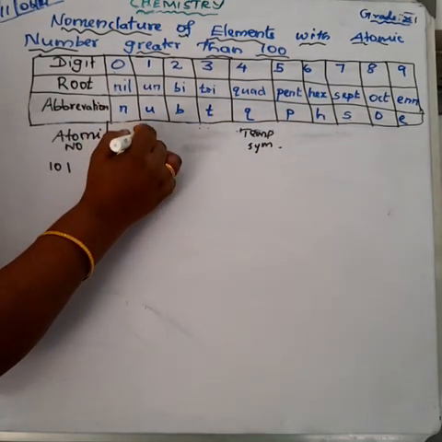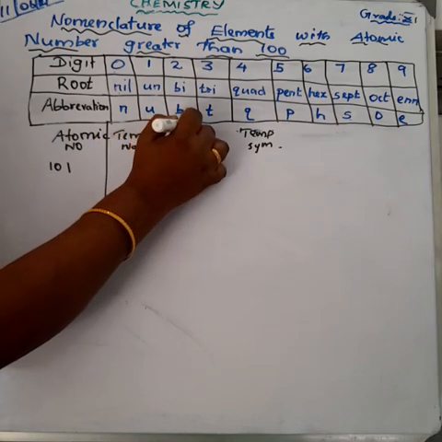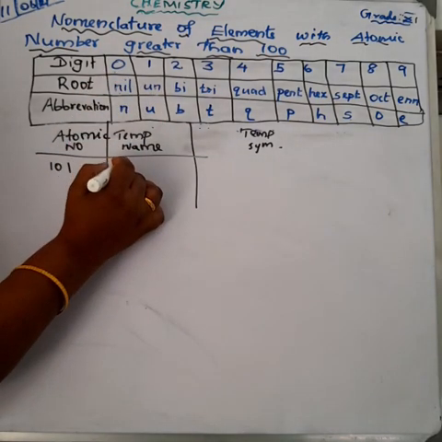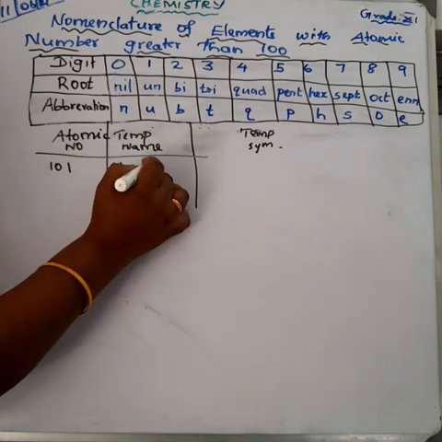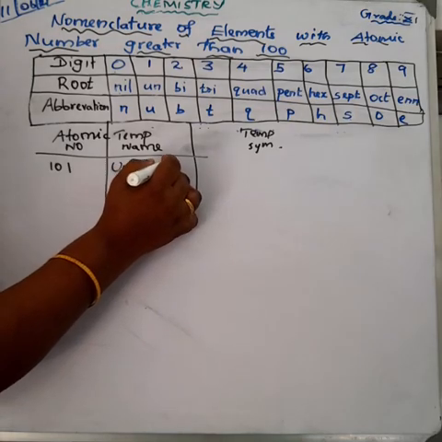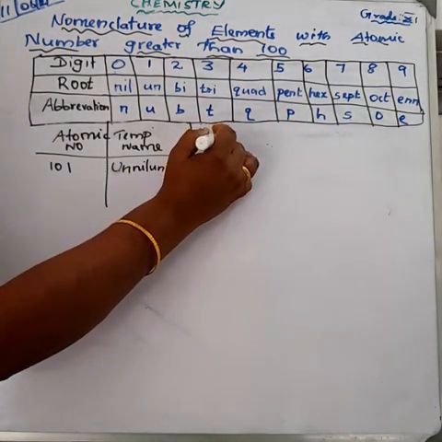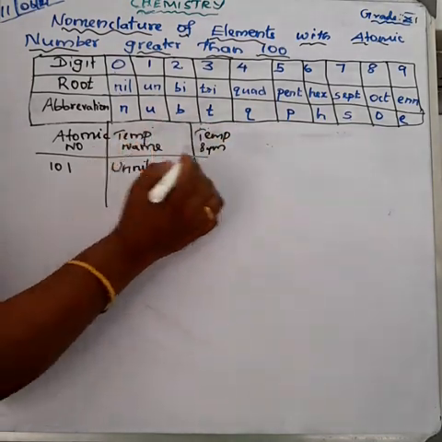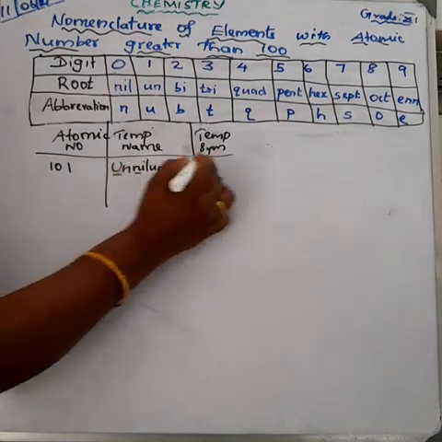How can you write the temporary name? What is the numerical root for 1? 1 means un, and 0 for nil, 1 for un. After that suffix ium. Okay, after that what is the symbol? Temporary symbol. We can take the first letter of the numerical roots.